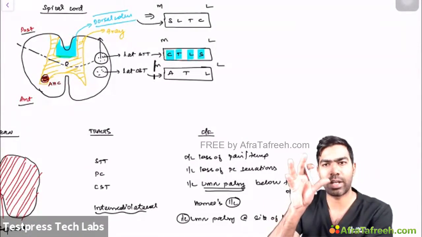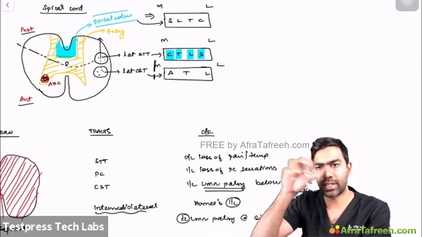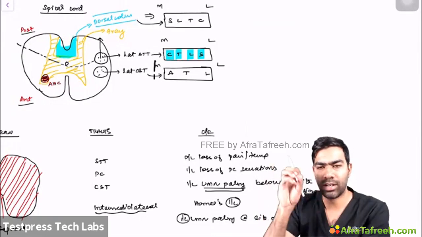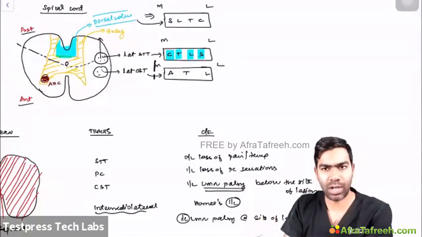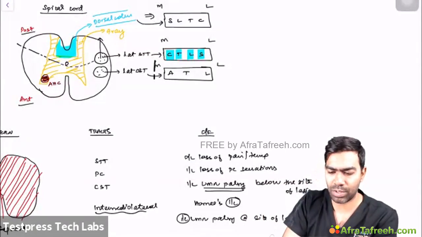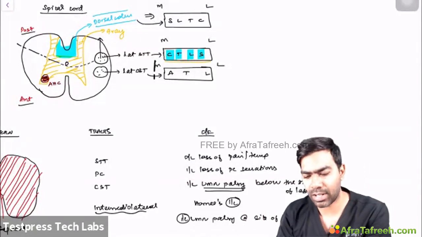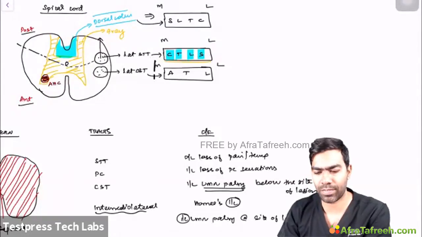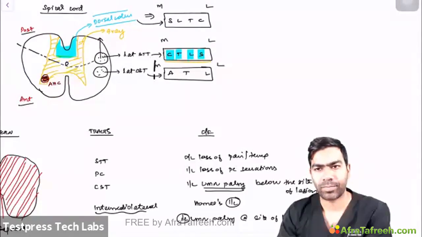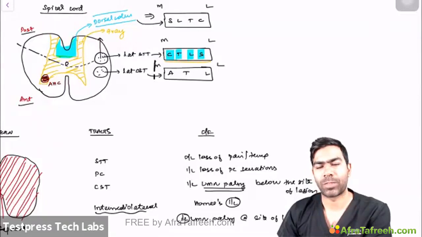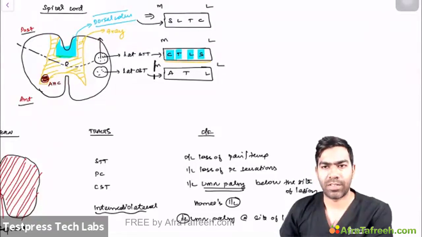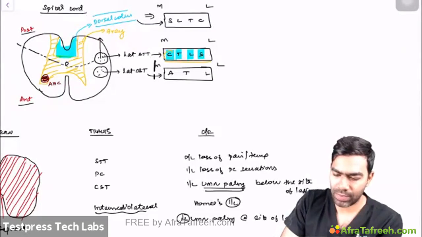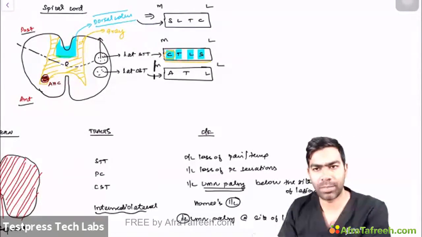So if the central cord expands, or if there is any pathology around the central canal, and if it expands, if you affect the spinothalamic tract, which will be affected first? You'll be affecting the cervical fibers first, or the sacral fibers first? It's a very simple thing to understand, isn't it? Cervical fibers first. This will be the first thing that will be affected.